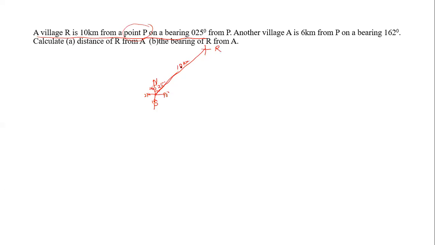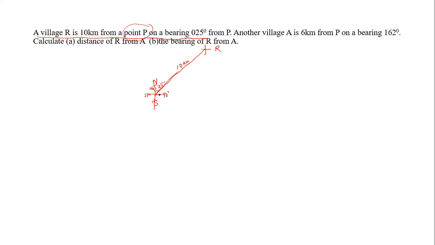Okay, so based on that, we have finally interpreted statement number 1. Let's go to statement number 2. Another village A is 6 kilometers from P on a bearing of 162 degrees. From P, this is 90. I'm looking for 162 degrees from P. This is 90.